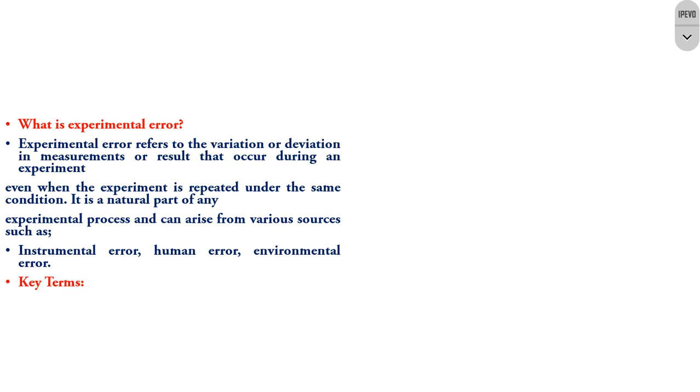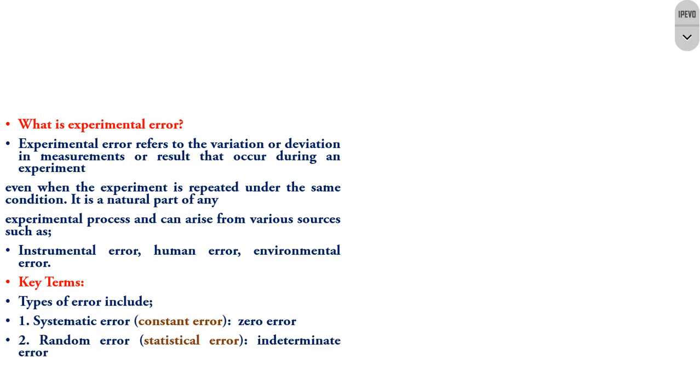We are going to look at key terms, and under these key terms, we are going to consider the types of error in terms of systematic error and random error. When we talk about systematic error, we could as well call it the constant error.